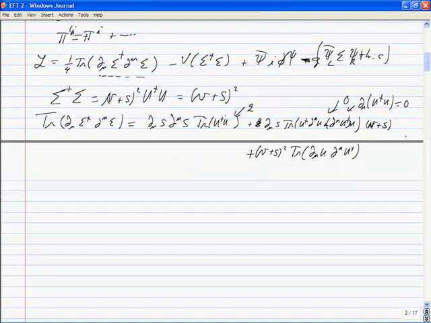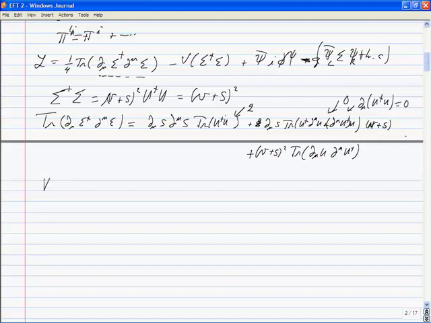So the kinetic energy pieces are going to have this term for the S, this term for the U's. The V is just V plus S, so it only involves S's, no more pi's.